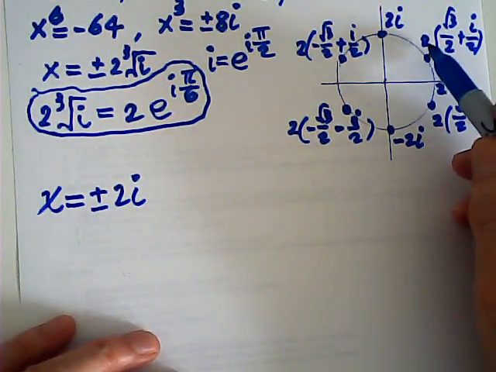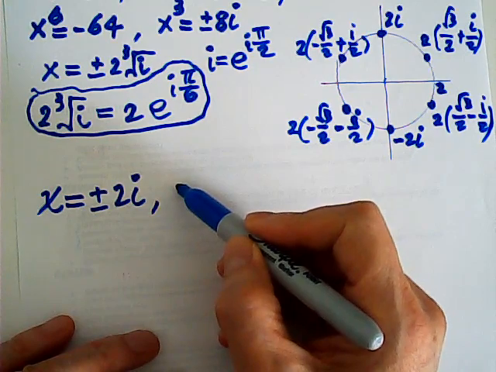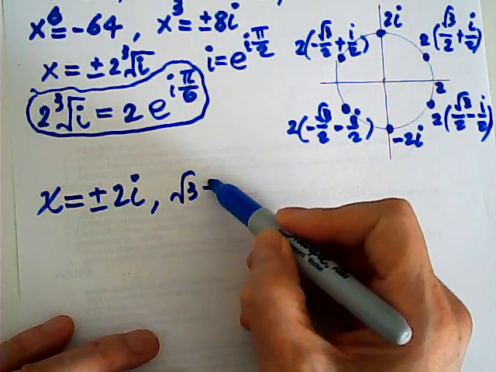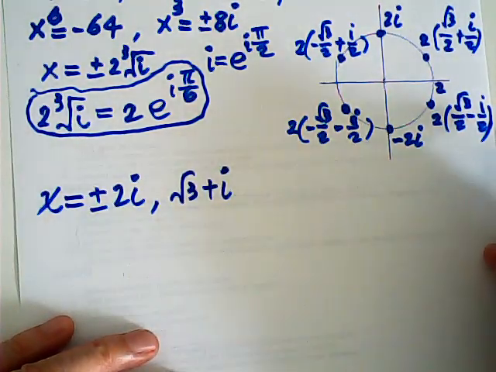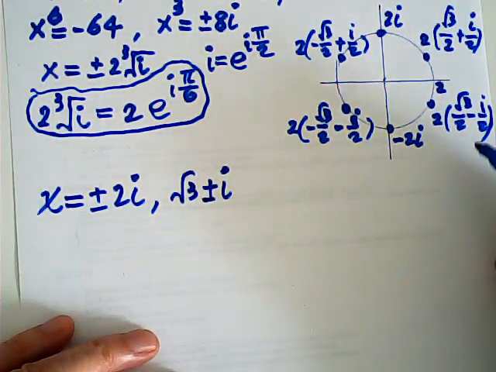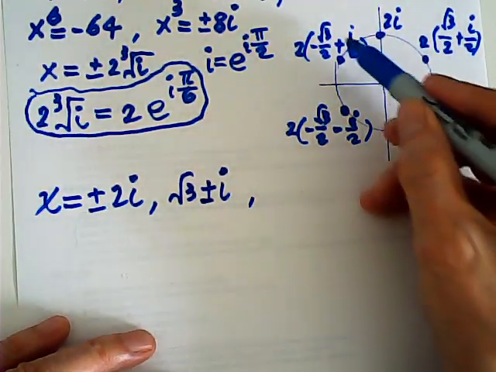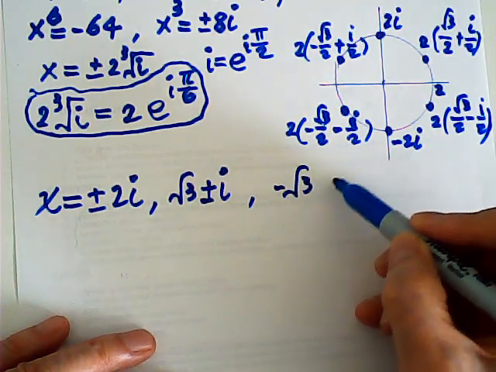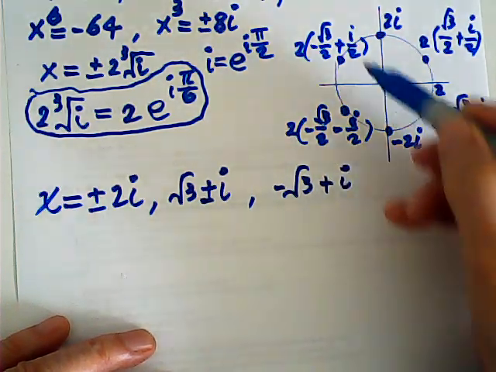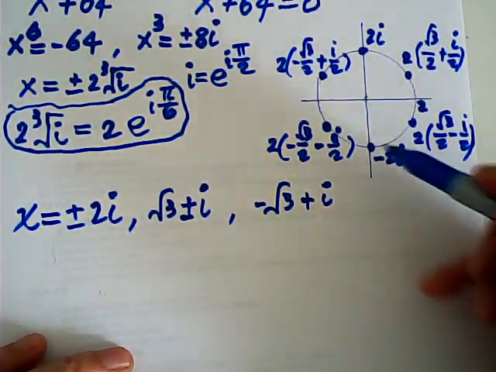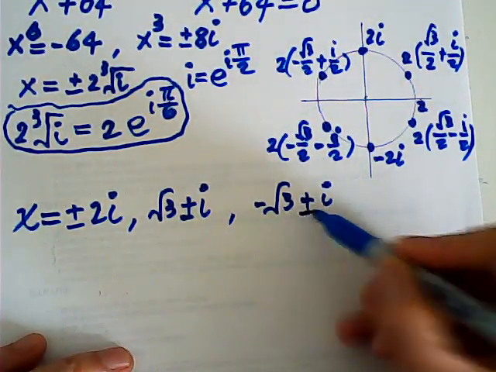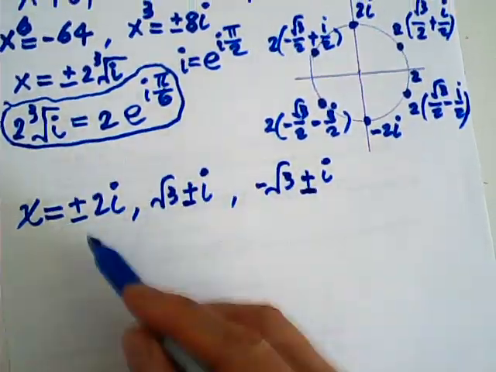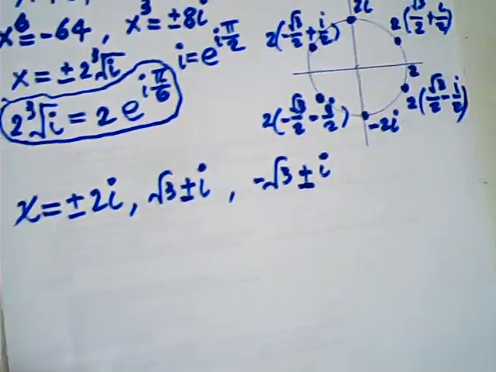And when you multiply the 2 inside, you have root 3 plus i, and its conjugate, root 3 minus i. Then you have negative root 3 plus i, and its conjugate, negative root 3 minus i. So I found 6 roots of this equation.